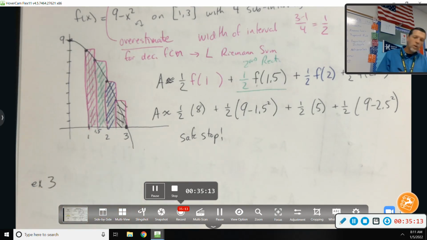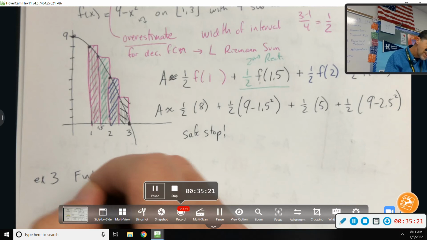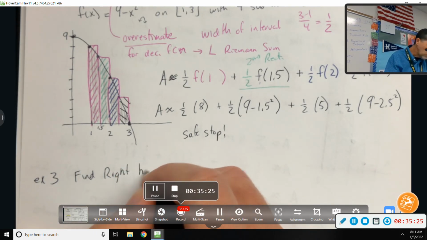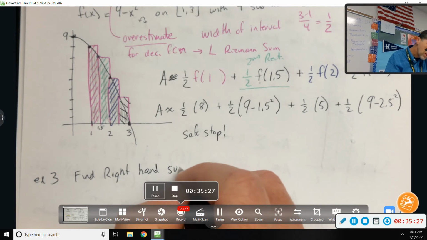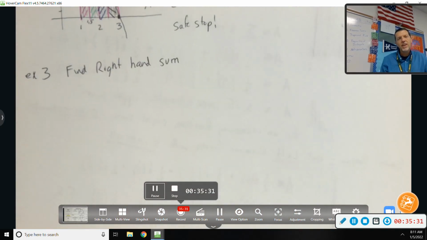All right, let's do one more. Go a little bit quicker on this one. Find the right-hand sum. Oh, I guess that's a slightly different phrasing. Right hand means the same thing as right Riemann, come from the right.